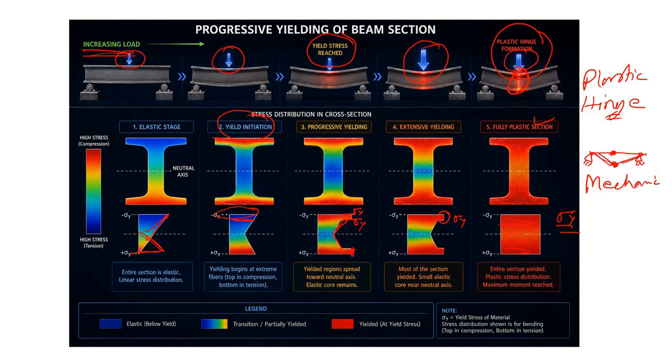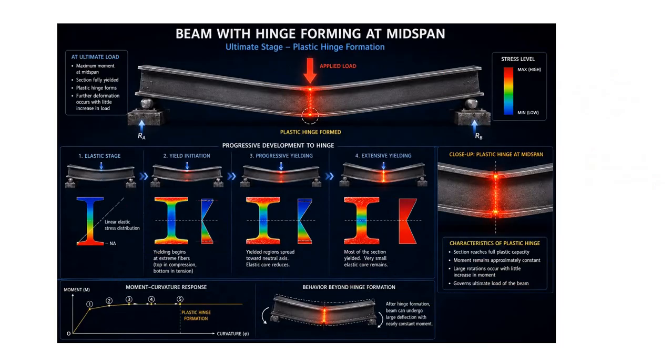So at mechanism you can say that at the center a plastic hinge has formed, which will behave just like this pin joint, right? Now I have a question for you. What do you think? In this elastic stage, let's say the moment capacity was ME, right?